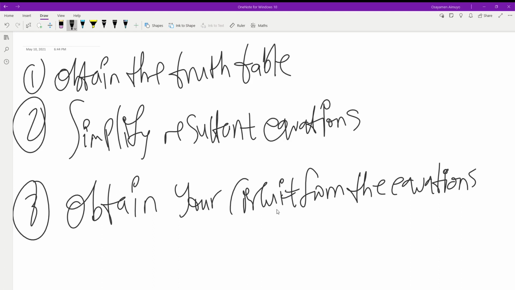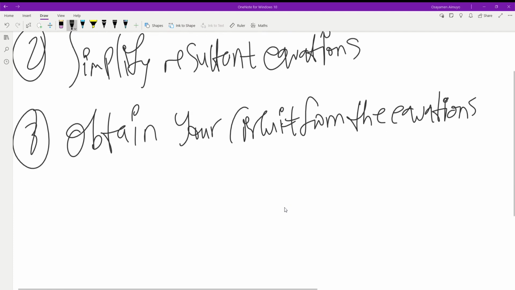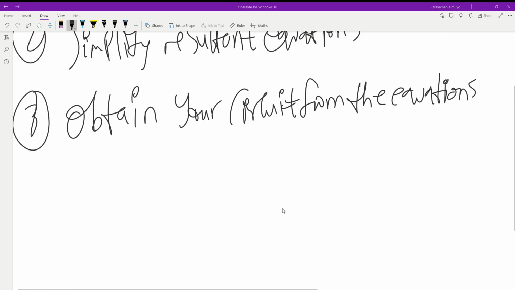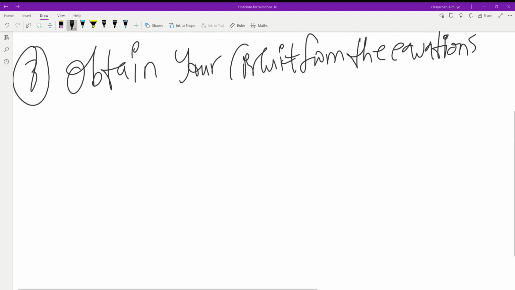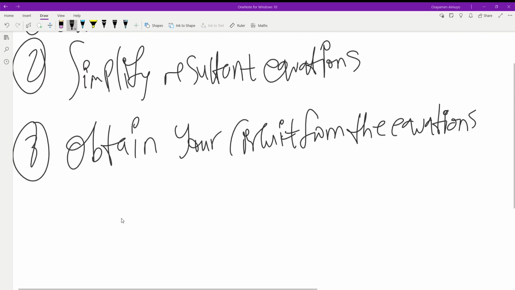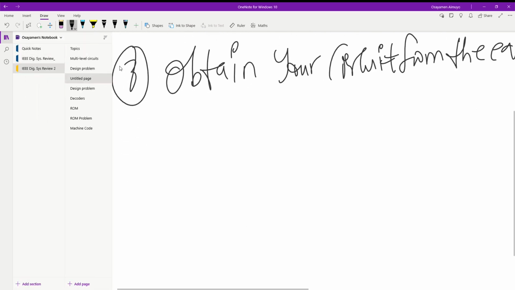Then we would also go over conversions from AND, OR, and NOT gates to NAND gates and NOR gates, because those conversions are very important to know.